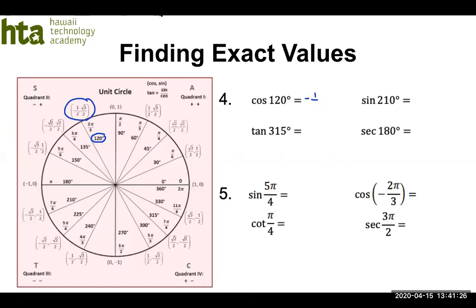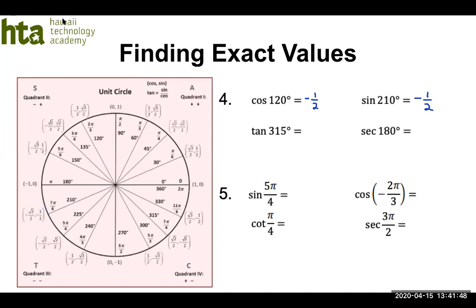Okay. What about the sine of 210? All right, well, let's go locate where 210 is. 210 is here. So we're focused on these ones, and the sine is the y coordinate of that point. So that would be -1/2 as well. All right, what about tangent of 315?